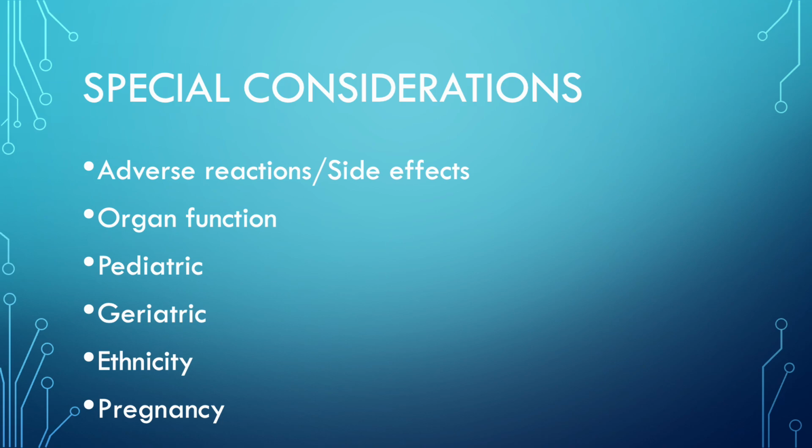Adverse reactions can be serious and sometimes life-threatening. If a patient has an adverse reaction, we are not going to continue to give that drug. One of the most common adverse reactions is anaphylaxis, where the patient has an overreaction to the medication, and it can cause problems with breathing. It can cause problems with our blood pressure. It can make our blood pressure crash, and we can actually eventually go into cardiac arrest.